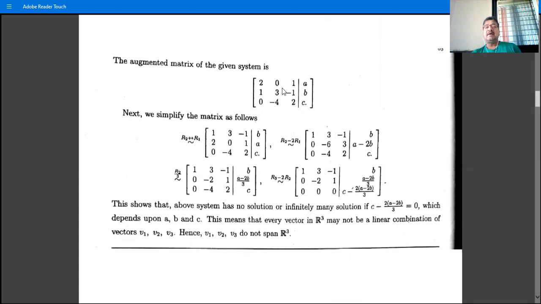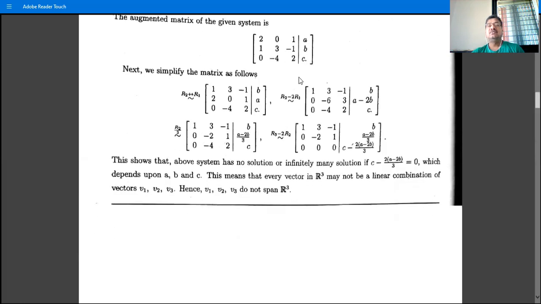Now we have to reduce this matrix to echelon form. So first reduce this 2 to 1. Interchange the first and second rows, R12. We have 1 at this place. Then we have to reduce this 2 element to 0. Already it is 0.